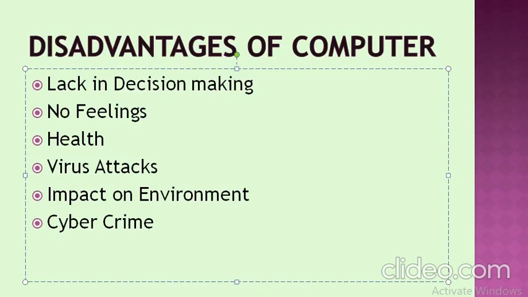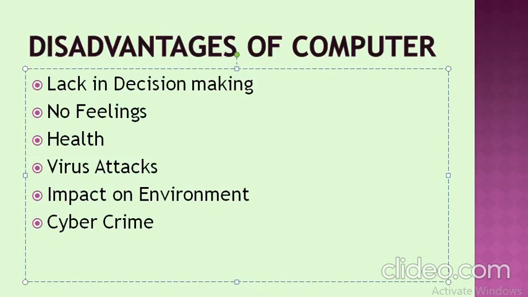Pollution creates a bad impact on the environment. So that is how computers are creating a bad impact on environment as well. So we should not use it for a long time unnecessarily, in order to save our environment.